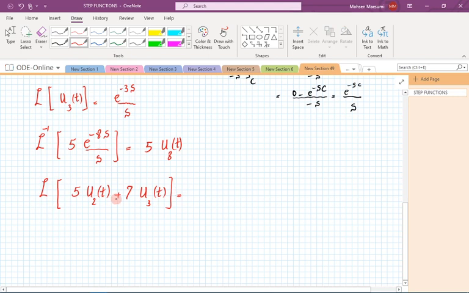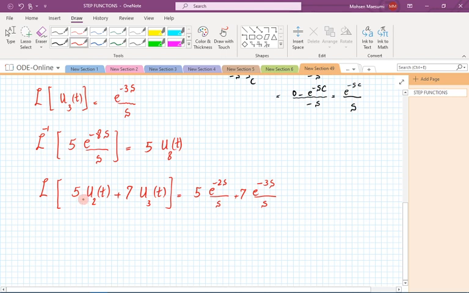As you remember, when you have addition and multiplication by numbers, this just splits across the functions that you had in the most trivial way. So 5, this becomes exponential of minus 2s over s, and 7 exponential of minus 3s over s, and vice versa. Going from this back to that will be just as simple.